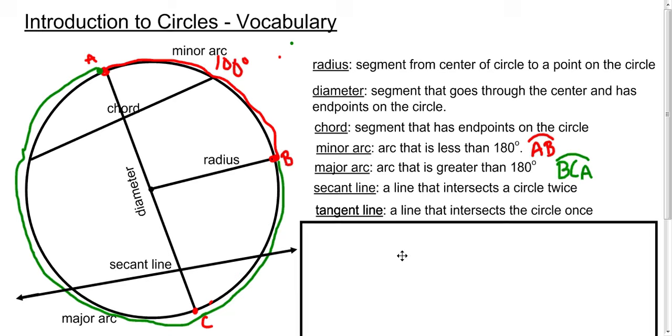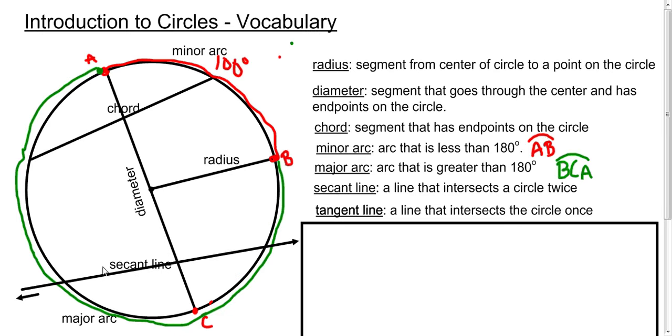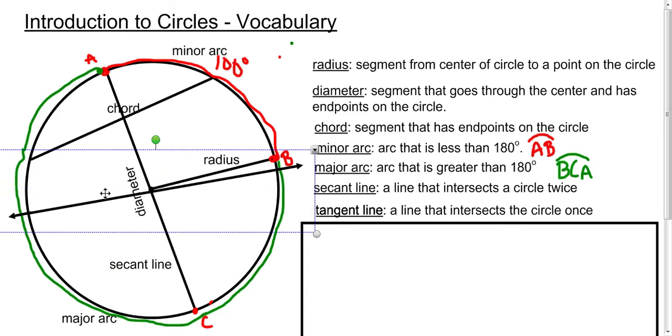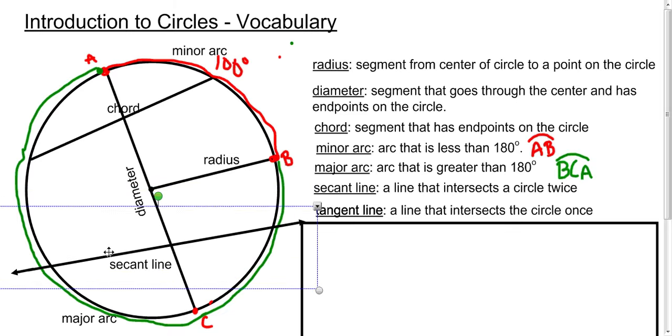The next term is called a tangent line. A tangent line is a line that intersects the circle once. If I take the secant line and move it, I should probably group those two things together here. Let's do this. Group. All right, so let's take the secant line. No matter where I move it, it's always going to cross the circle twice, right?